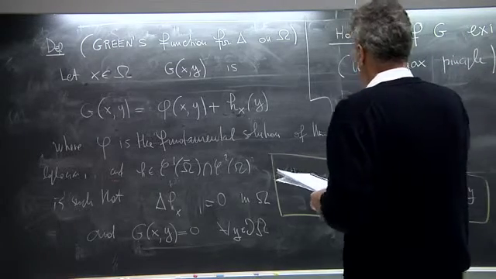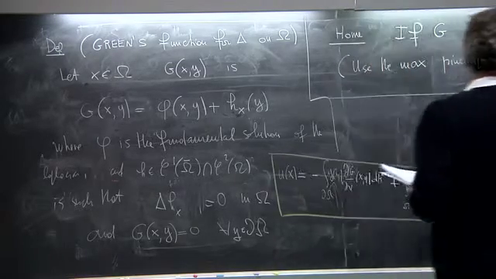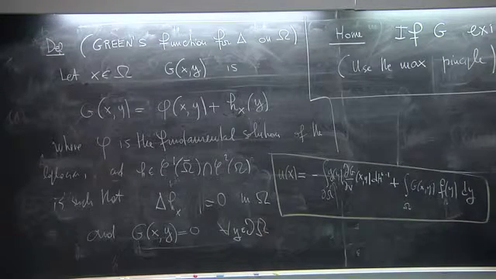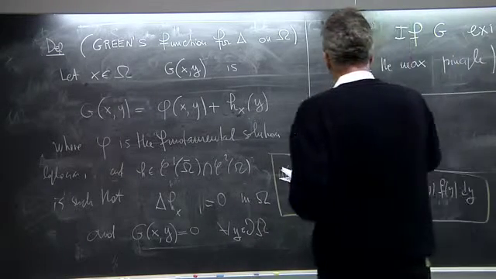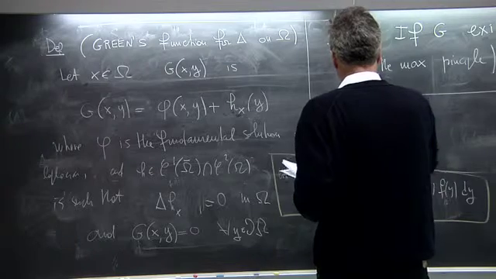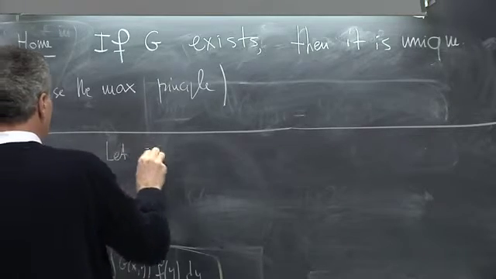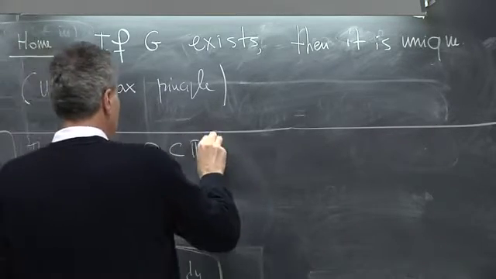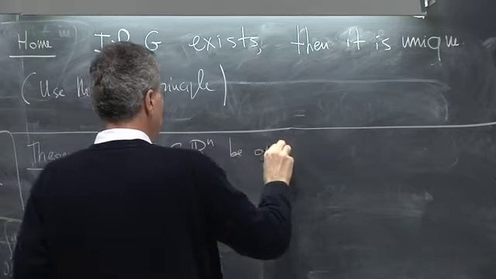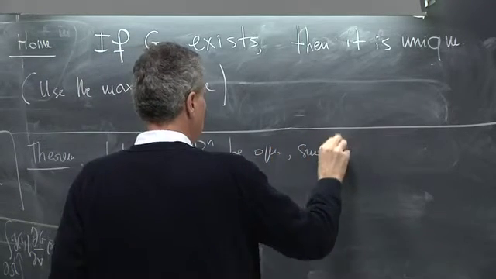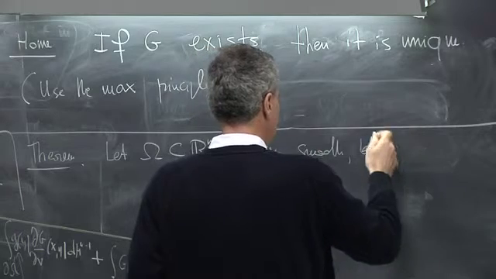So I would like also to rewrite once more what we have shown up to now. Theorem. Let omega be open, smooth, bounded.